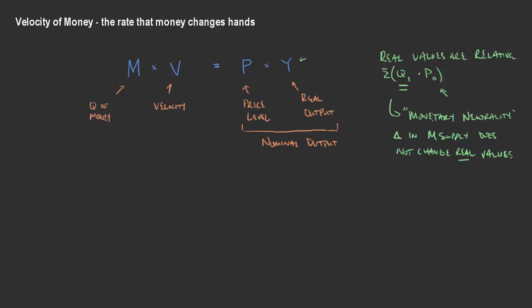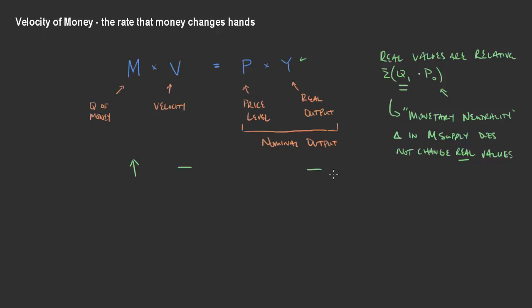This idea of monetary neutrality is really key here, because what is actually happening? Let's say the Federal Reserve increases the money supply, and the velocity of money has basically remained the same, as we've talked about, and real output would not be affected by that change in the money supply.